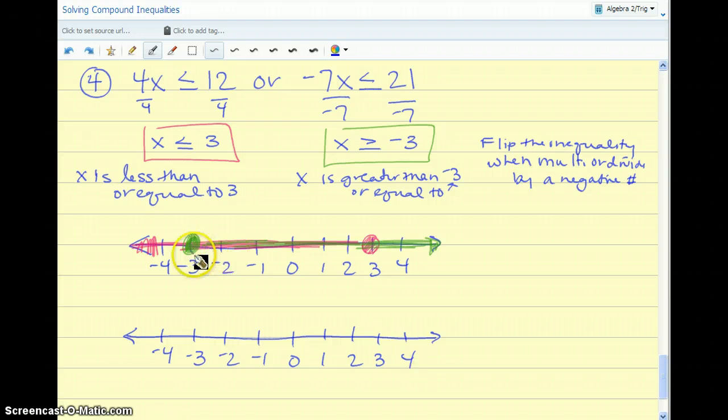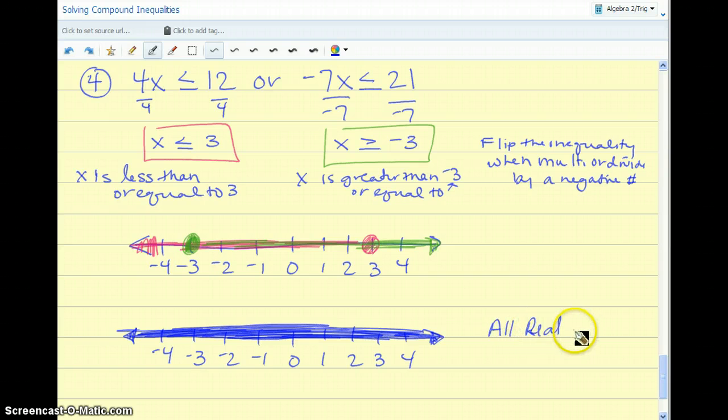So since it could be either pink going on forever this way or green going on forever that way, your solution is the entire line. Because it could be either pink or green, and since either pink or green makes up the entire line, that means all the real numbers, everything in between, all real numbers are your solution.